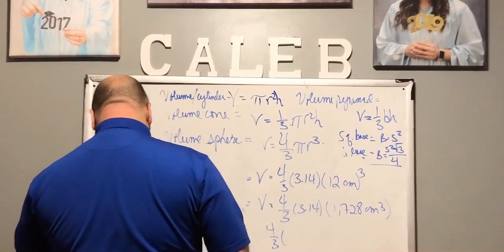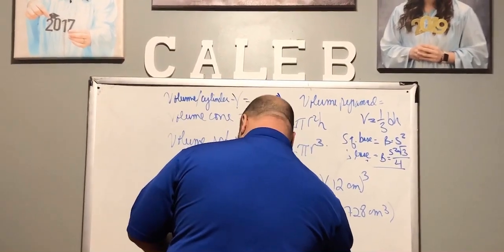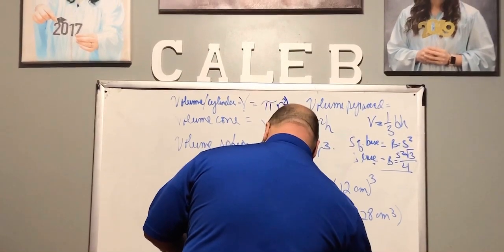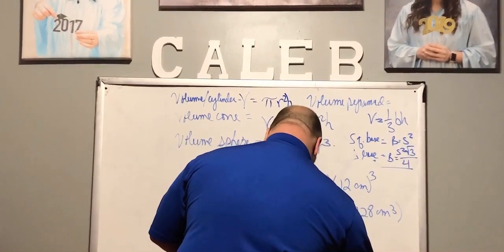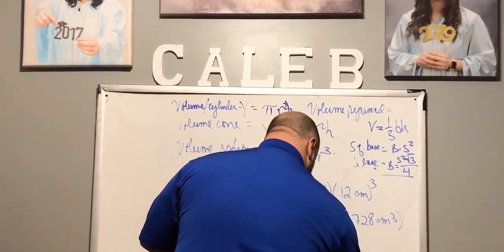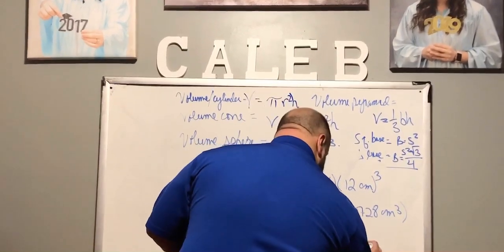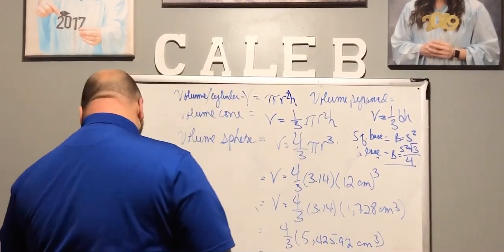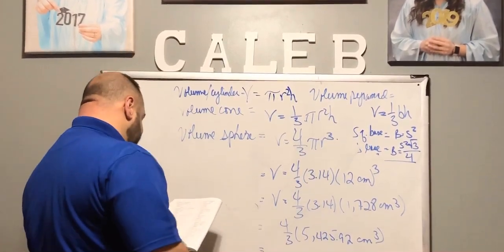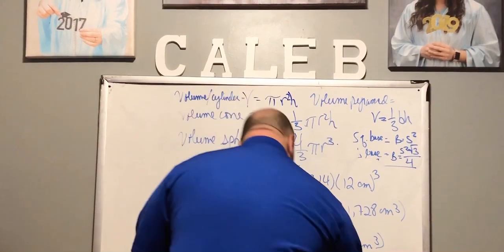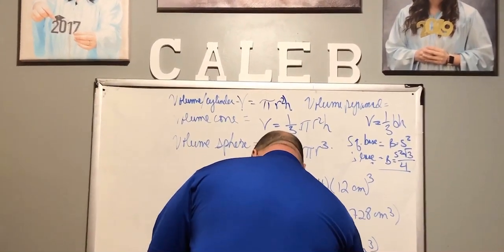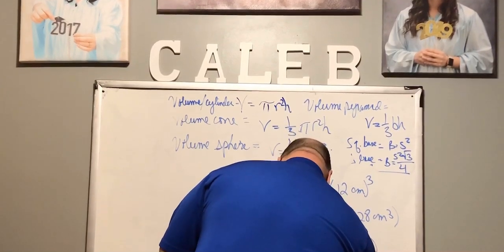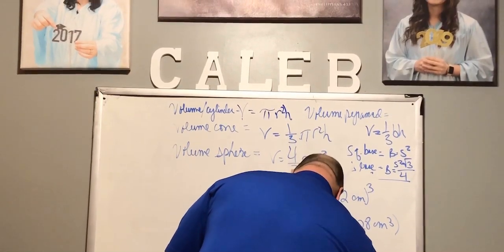So 3.14 times that is 5,425.92 centimeters cubed, and then times that by 4/3, and your final answer should be, a really big answer here, 21,489,963,750.